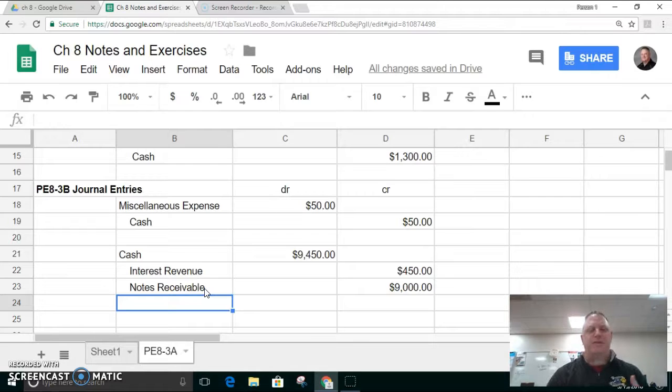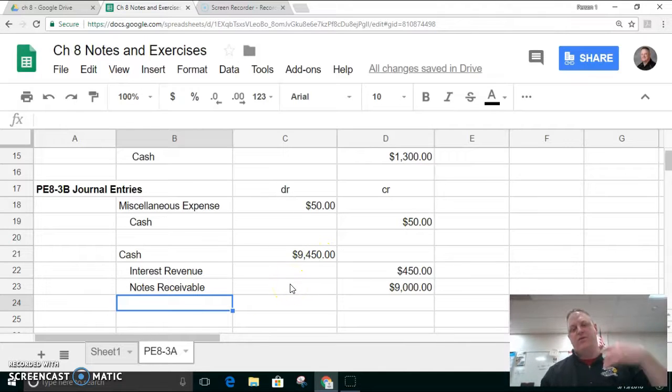The reason I split these two is because one involved a decrease in cash, one involved an increase in cash. You could theoretically do both of these in one. You would have miscellaneous expense debited for 50 and cash would decrease in this transaction by 50.